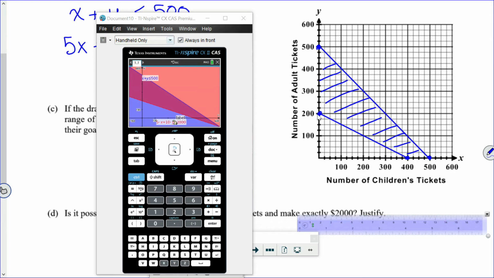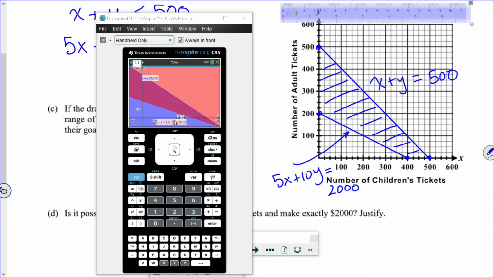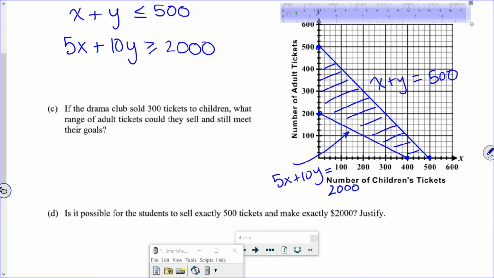And I might want to throw some things up here. We have x plus y, I'm going to say that's equal to 500. And then down here, this is my 5x plus 10y equal to 2,000. We don't really need our ruler anymore, and we'll put this thing away as well. That's it.